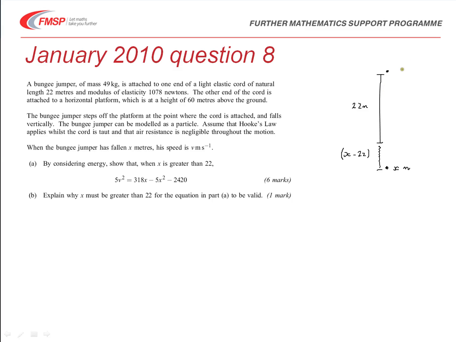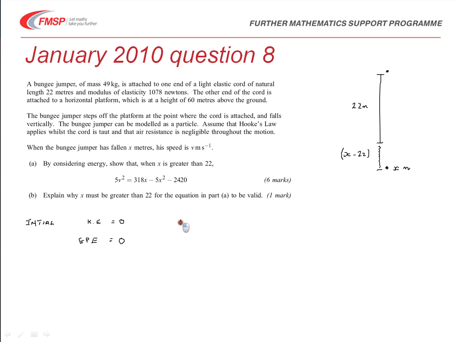If we call the top of the platform the initial position, then initially the kinetic energy will be 0, and we'll take the gravitational potential energy to also be 0.